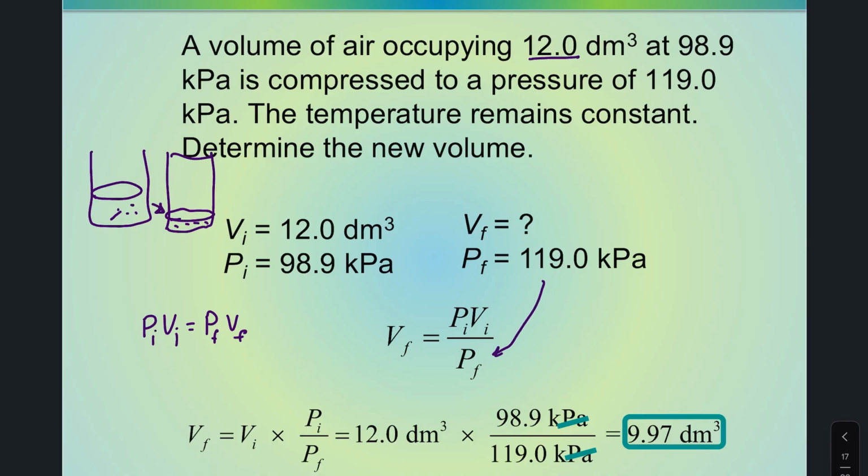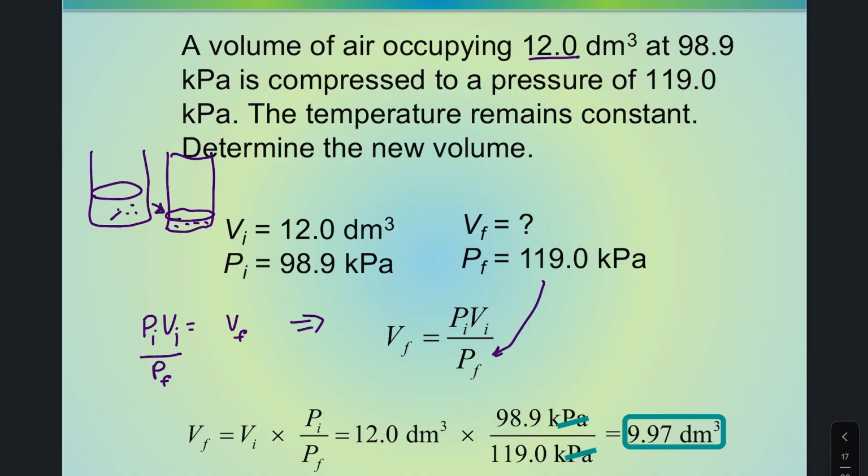Now, in order to get this to look like that, all we have to do is divide by PF. Then these are going to cancel out, all we'll be left with is this, and we just flip it, so we put the VF on the left-hand side.